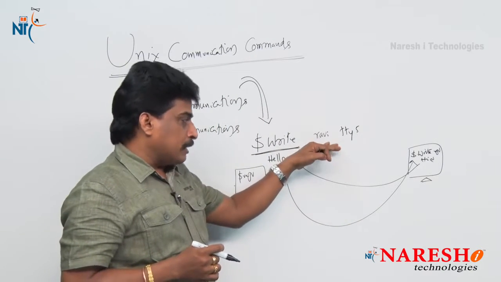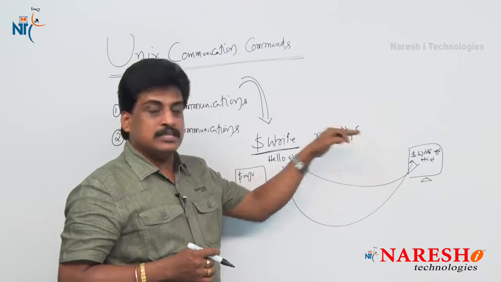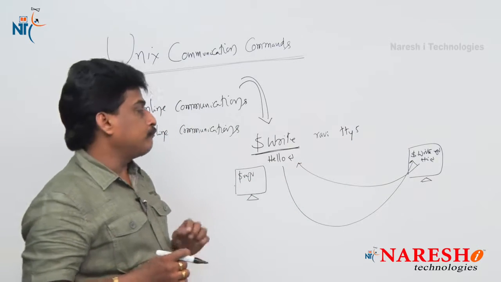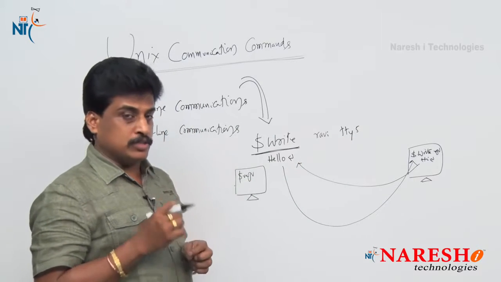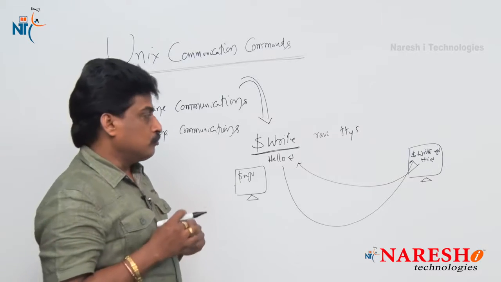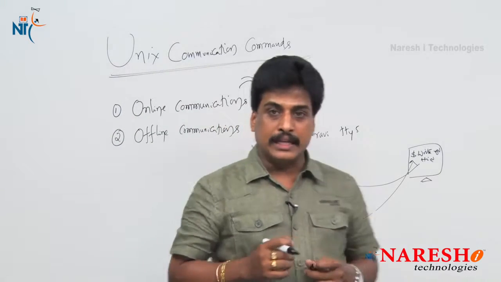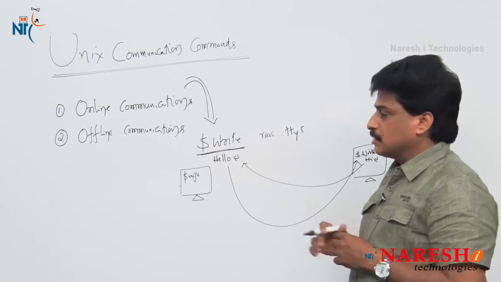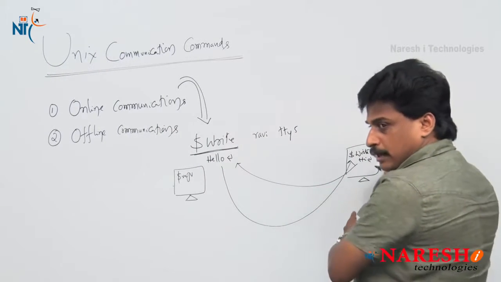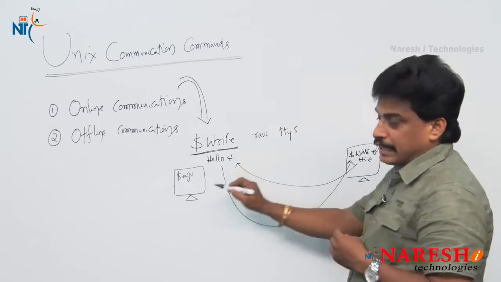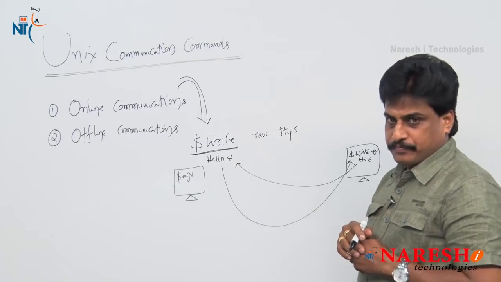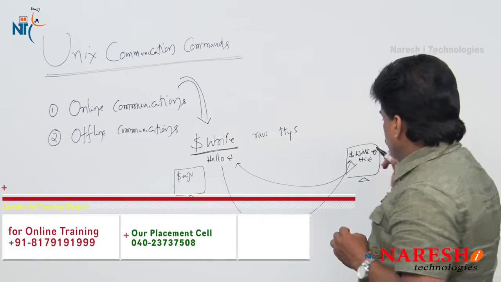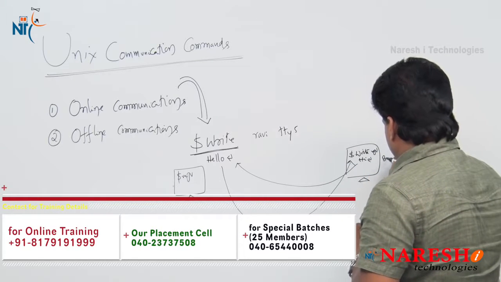So I am sending to Ravi who is accessing terminal 5. When users are duplicated, you must say the number of the terminal. This is the way we deliver messages from one to one or one to many, any number of users.